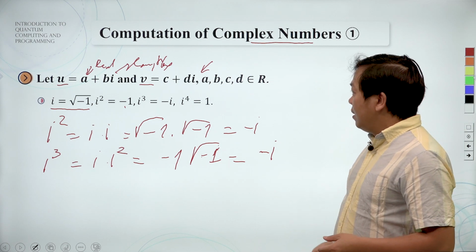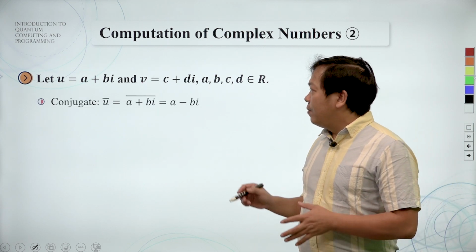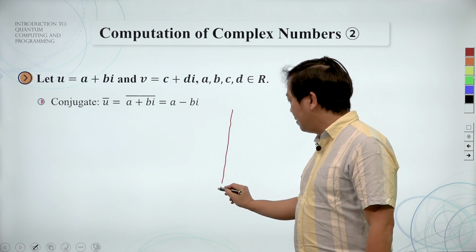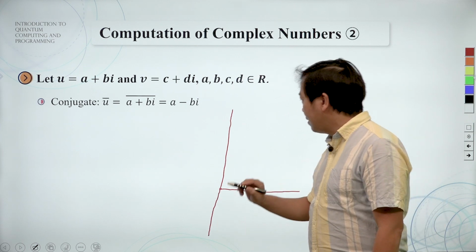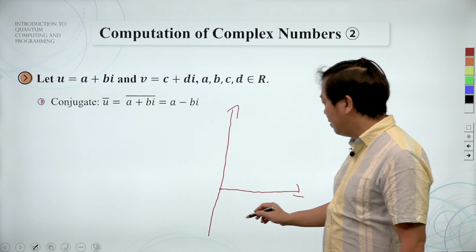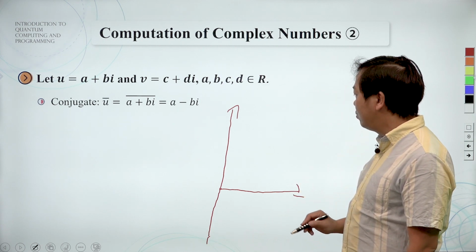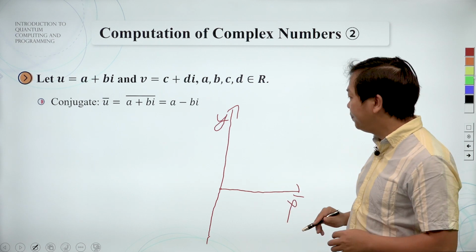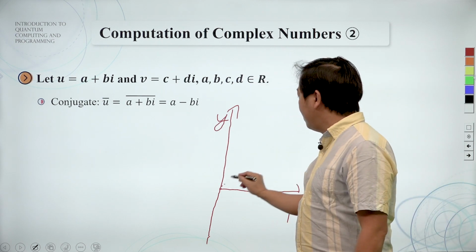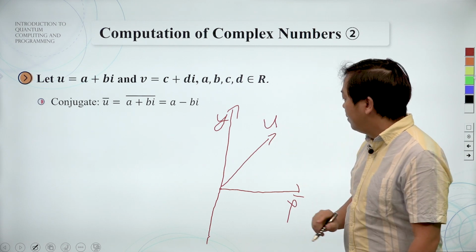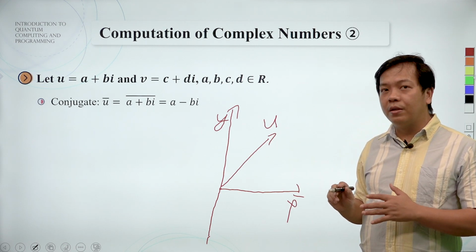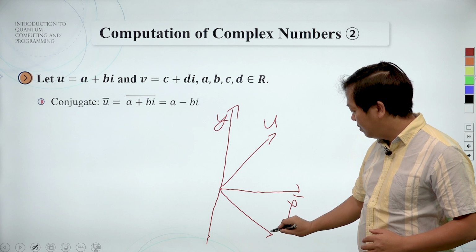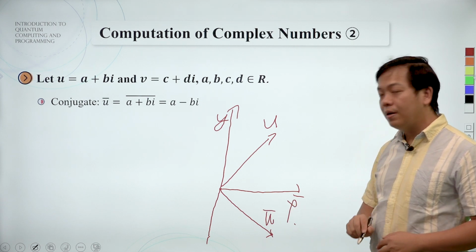Okay, so the second part: we have the conjugate. This one is a little bit confusing for some of you. We have x and y, and I want to give an example. For example, this is u, and we have its conjugate, so the conjugate of u.